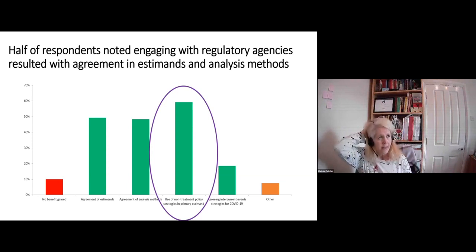And clearly the addendum came out finalized just before the COVID-19 pandemic hit. And I do think the addendum really helped us to manage through adapting our clinical trials in response to the pandemic. It was really timely for that.